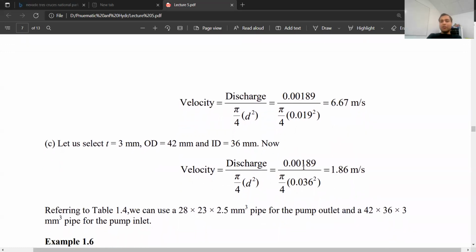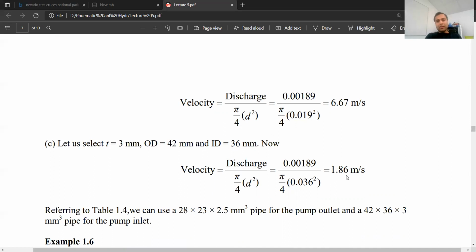I got the discharge already. Now the inner diameter, I'm going to use 36. I put that one and I will get an answer which is 1.86. So 1.85 or 1.86.